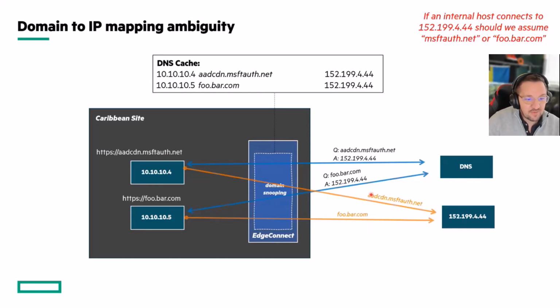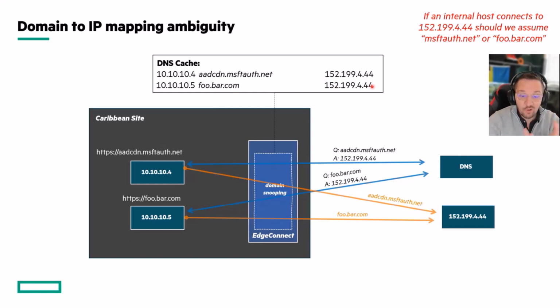Is it mstauth.net or is it foo.bar.com? You notice that we track the source IP address. So that was one of our answers originally, was to track the source IP address plus the domain plus the public IP. And now you can say, well, if I see a source IP of 10.10.10.5 and a domain and an IP of 152.199.4.44, then we know it's foo.bar.com. You use all 3 pieces of information, the source IP, the domain, and the public IP to create a unique record.